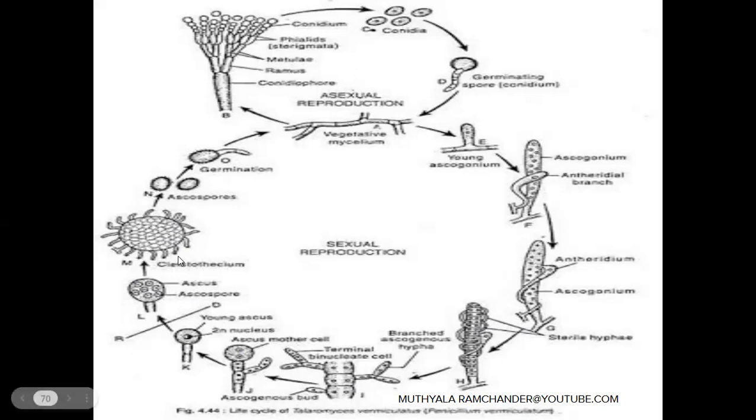Below the cleistothecium are the ascospores, ascus mother cell, ascogenous filaments, ascogonium and antheridium. At the matured stage, the pulley wheel-shaped asci or ascospores come out of the cleistothecium. They absorb moisture from the surface and germinate into new vegetative mycelium. This is the sexual reproduction in Penicillium.